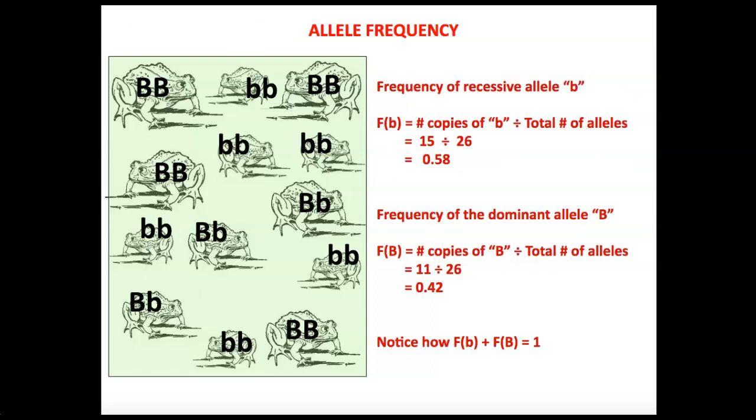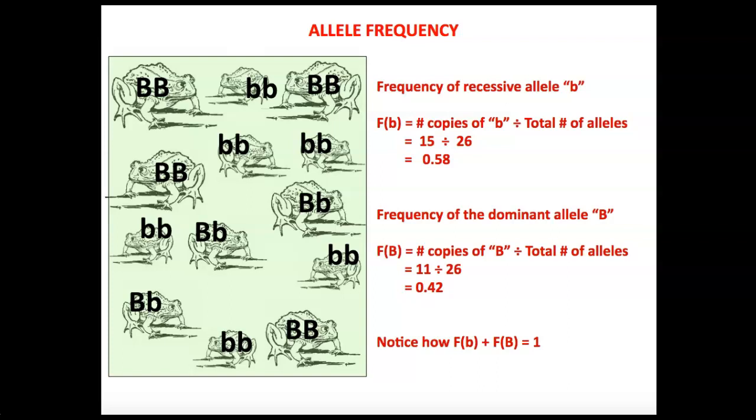So when we're talking about allele frequency, for the first one, the recessive allele little b, we can look at the population here and count the number of little b's in this population. And we then divide the number of little b's by the total number of alleles. So in this population, there are 13 frogs.